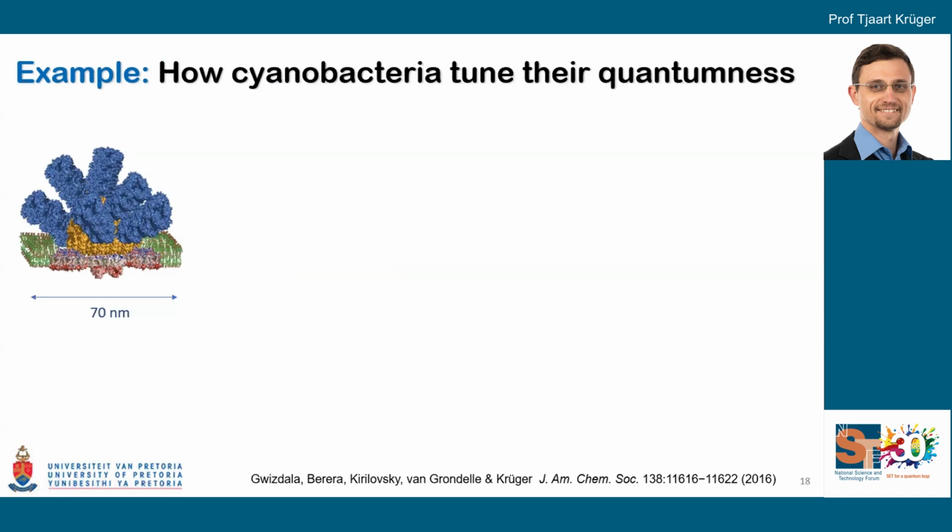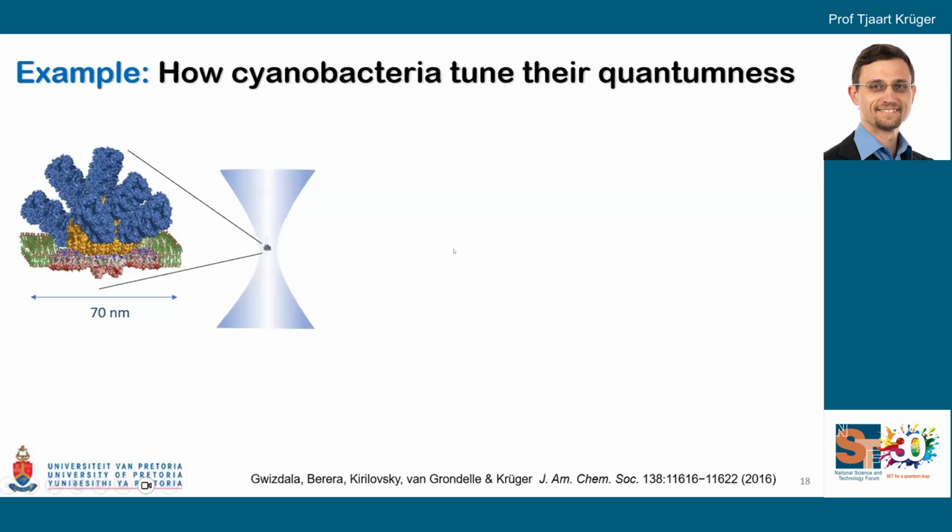Okay, so as I explained, the light harvesting efficiency is extremely sensitive to the distances between the pigments and their relative orientations. And we have put this light harvesting complex inside a focused laser beam, and then we performed single molecule spectroscopy. So this is a technique by which you can observe the emitted light from one protein complex at a time.